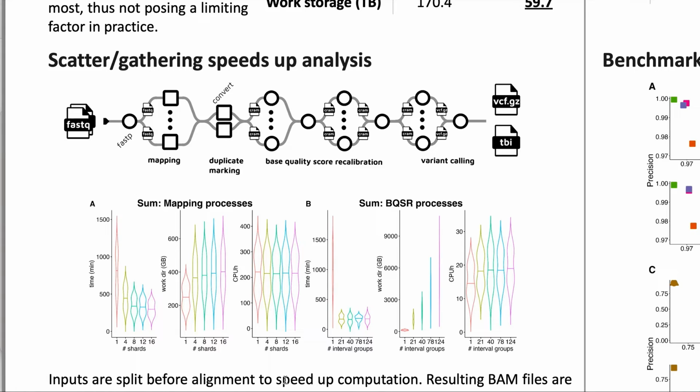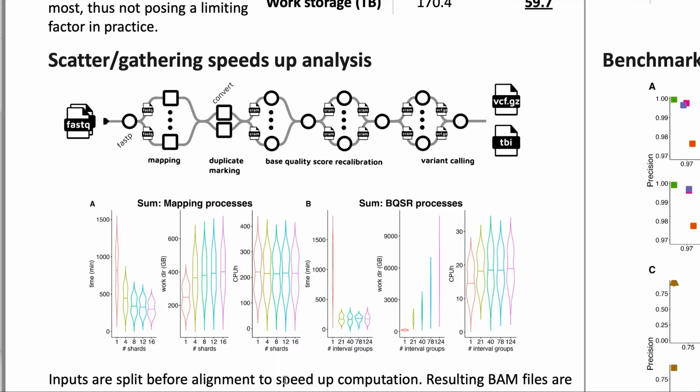And then the other thing that has been part of Sarek for a long time and is also recommended by the GATK guidelines is to run base quality recalibration over intervals, so over genomic regions, and parallelize via that, and the same for variant calling. In previous versions, we had a very high number of interval groups to be processed in parallel, 124, and what we saw is that this massively increases the storage space needs.